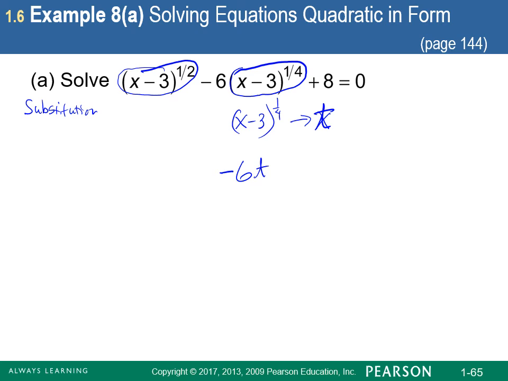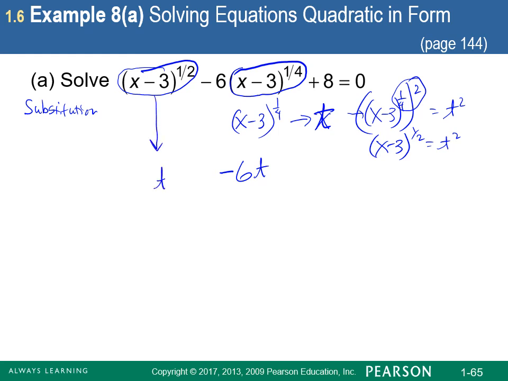Now notice, if we square this, that means x minus 3 to the 1/4 power squared, which happens to be x minus 3 to the 1/2, comes out to be a t squared. Now that's kind of the key to the whole process. So this is going to be t squared minus 6t plus 8.